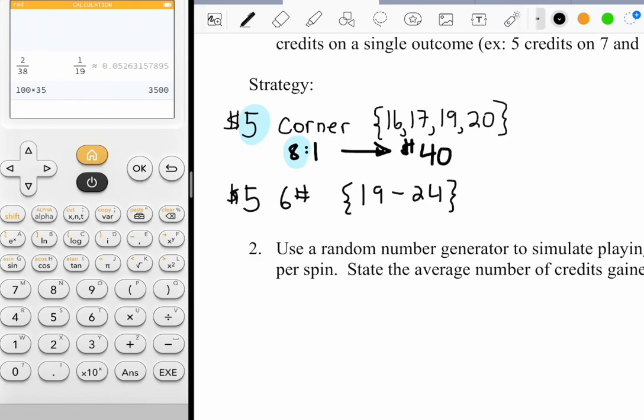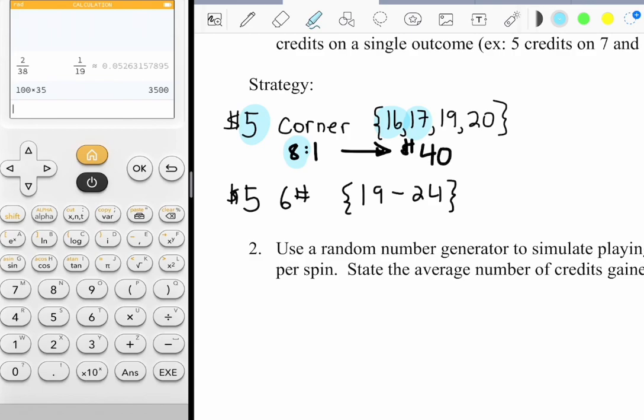But we have to be careful because if I hit the number 19 or the number 20, I'm also winning the 6-number bet. So if it's only the 16 or 17, then the payout would be $40.